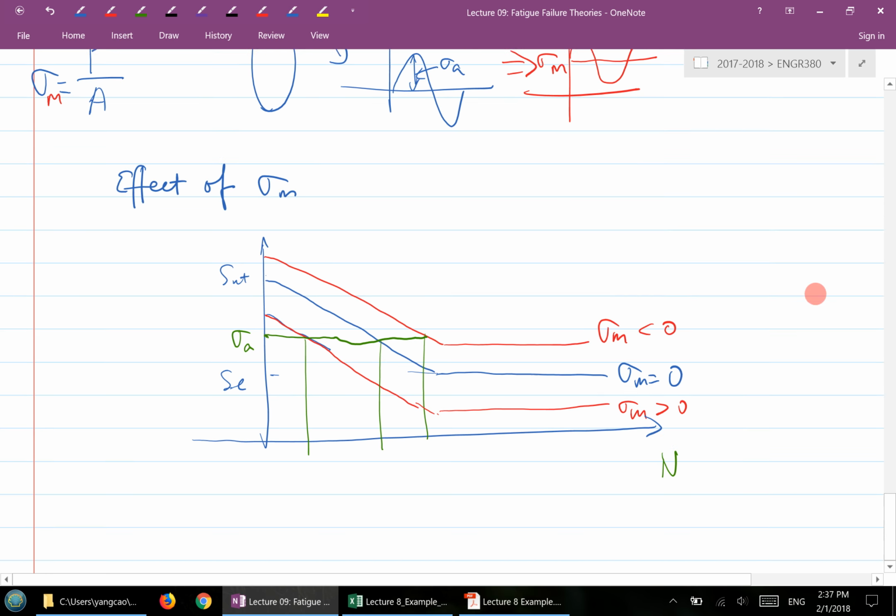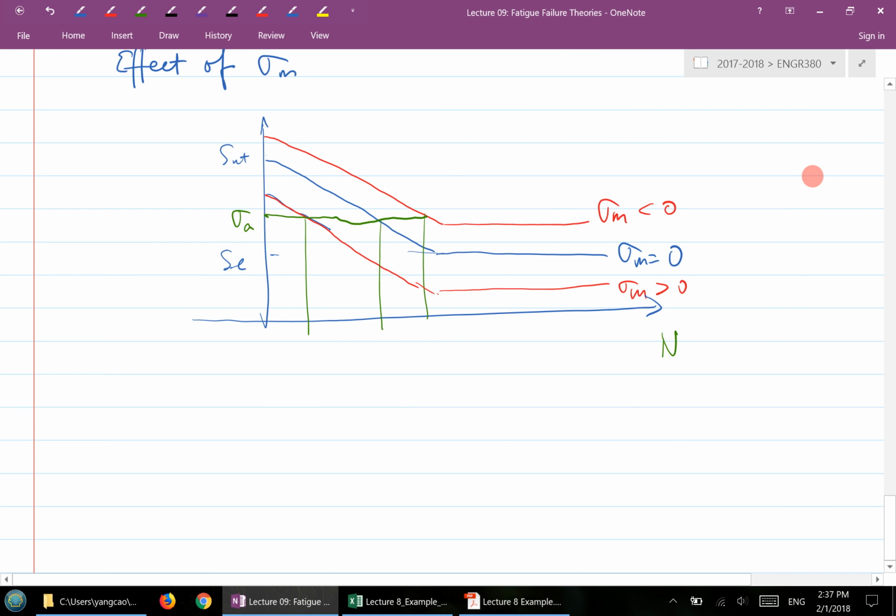Then the next question is, now we have sigma A and sigma m. This is a scenario for fluctuating loading. We have a pair of values, sigma A and sigma m, present here.